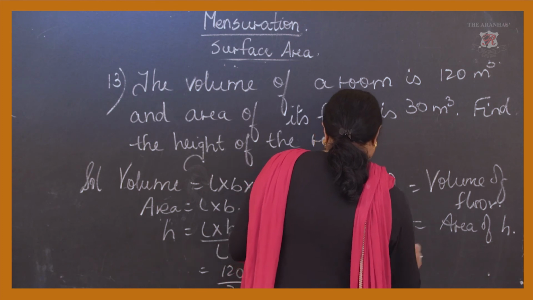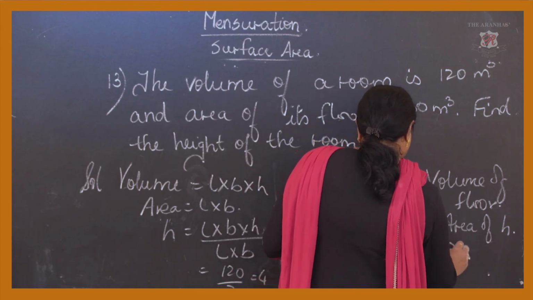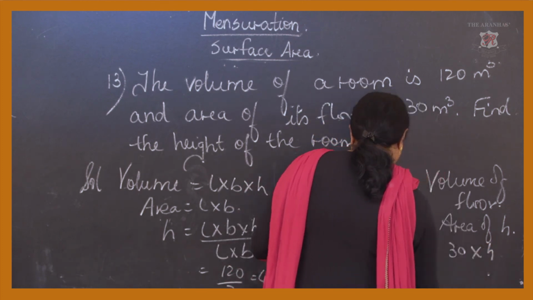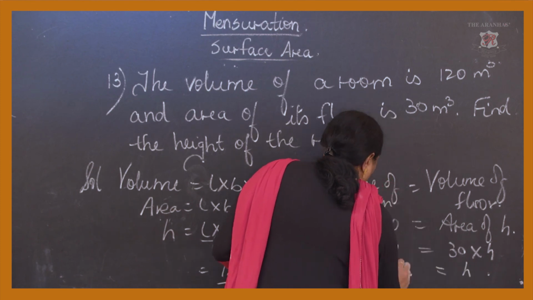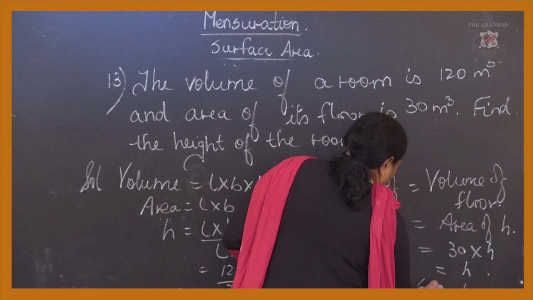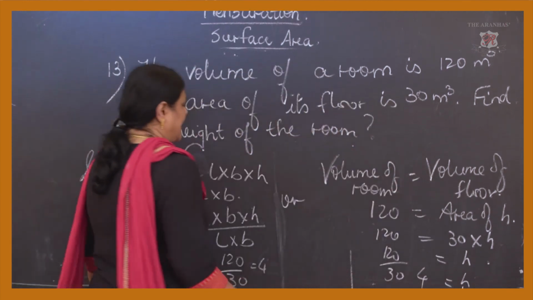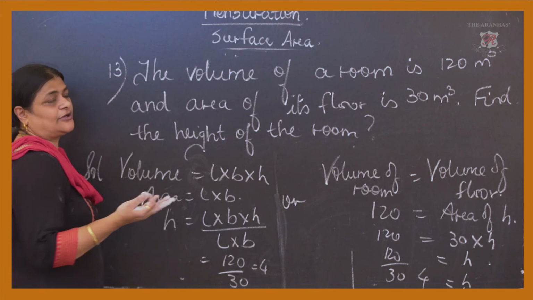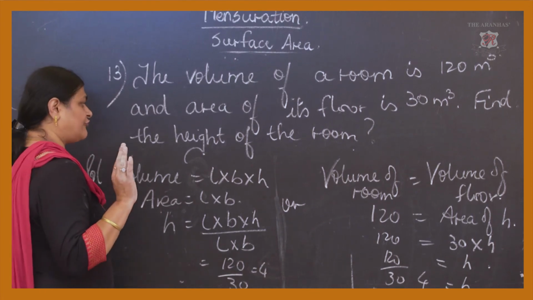So here 120 is equal to 30 into height. So height is equal to 120 upon 30. So your height is equal to 4. Okay, you can do it by either method, whichever is easier for you.